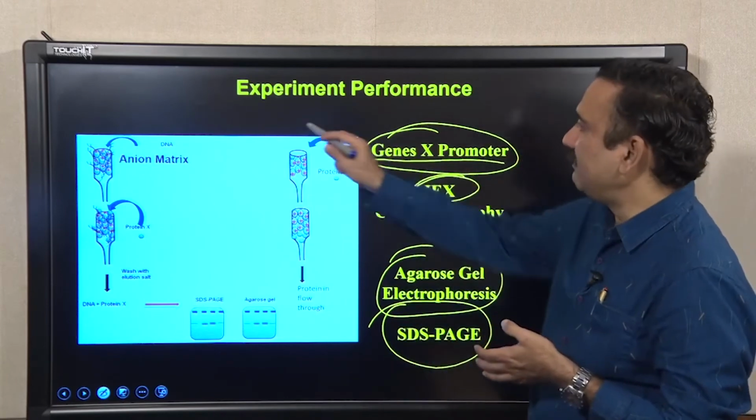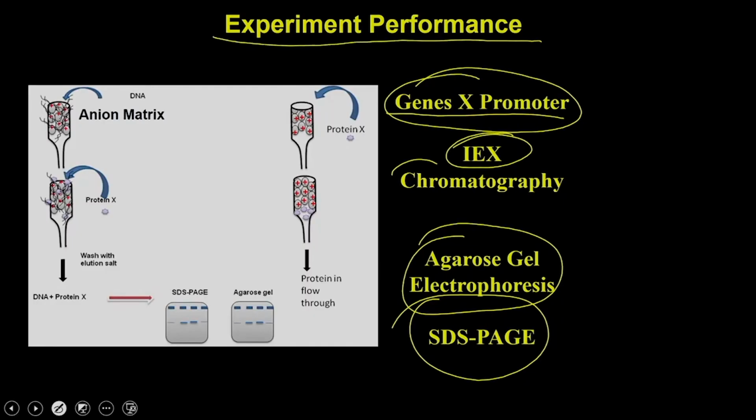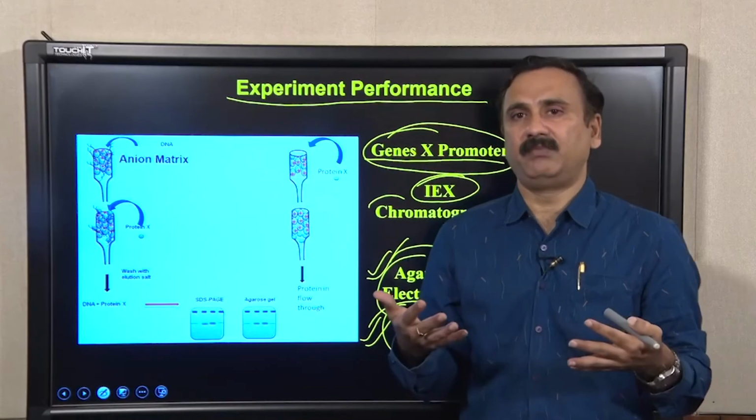And as you can see, even when we are doing ion exchange chromatography, you still require other techniques like SDS page as well as agarose gel electrophoresis to complement your experiments. So that's why, as I said, no single technique stands on its own; it requires assistance from other techniques to complete the experiments.